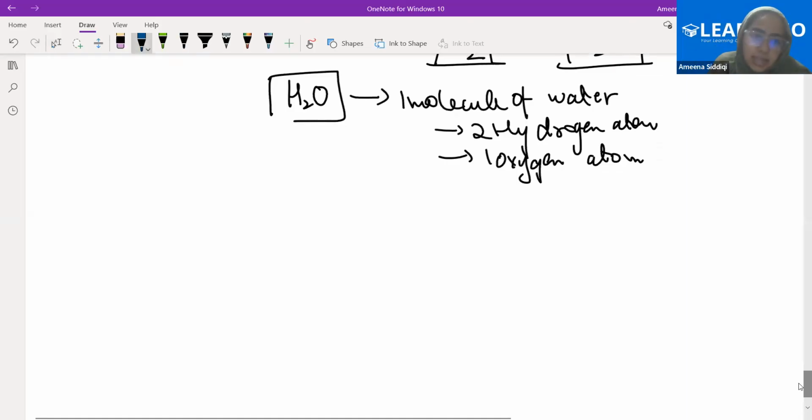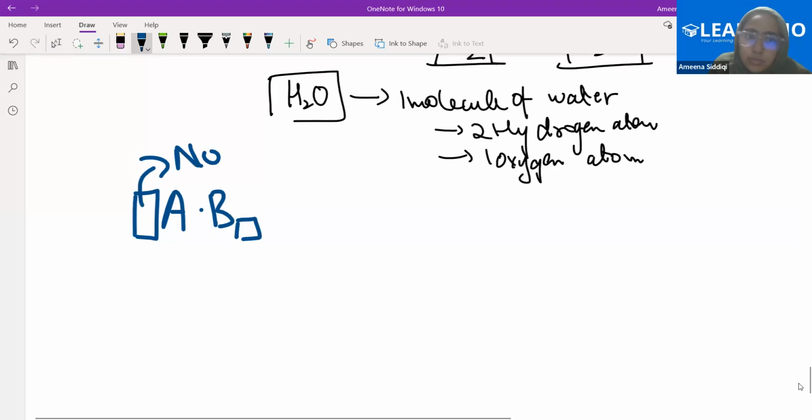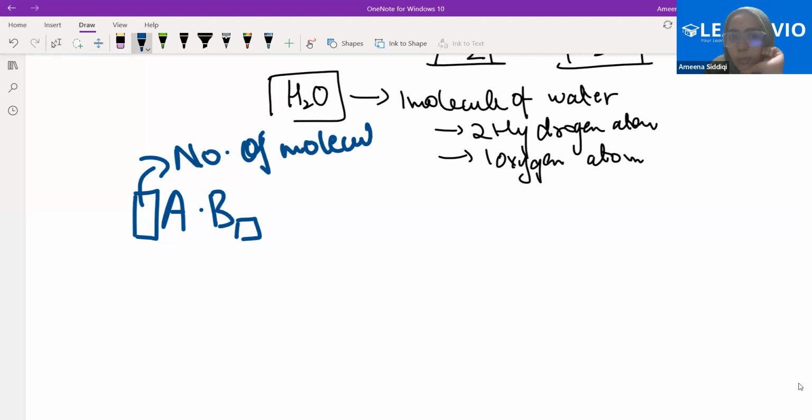Now, see, beta, the number here. Let's say we have A, B. This one and this one, we have two different numbers written. The big number written before the compound name or the chemical formula will tell me the number of molecules.